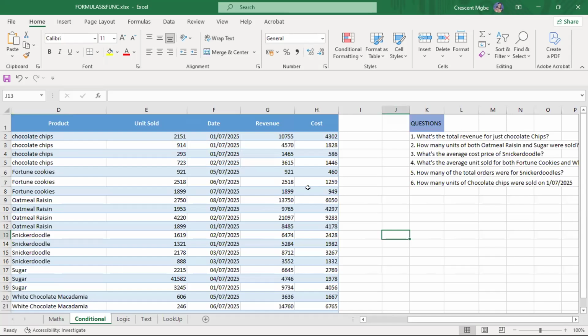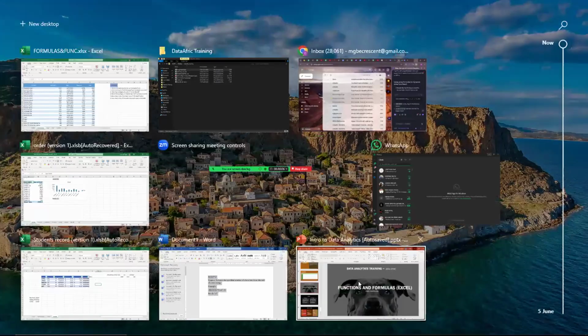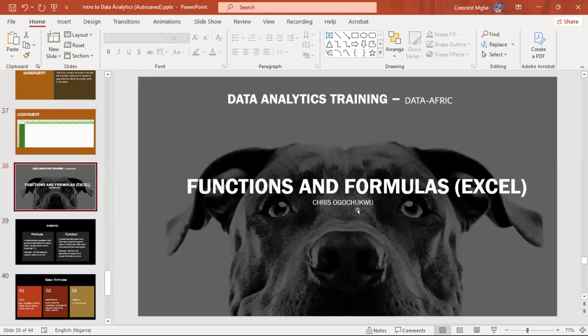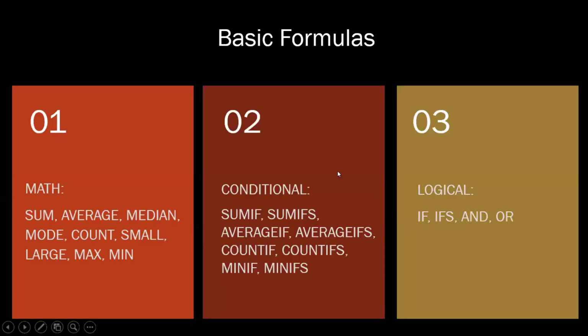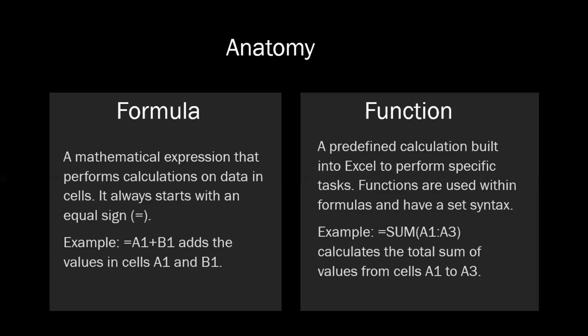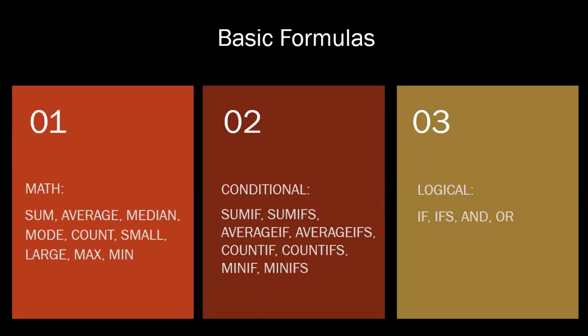So today, let's talk about conditions. Okay, let's start with our slide so that we are in line. Last class we talked about functions and formulas. We were able to handle the math functions: the sum, the average, the median, the mode, the count.